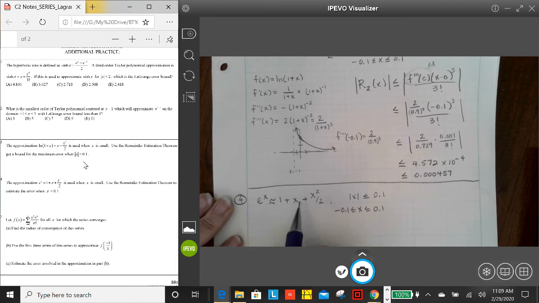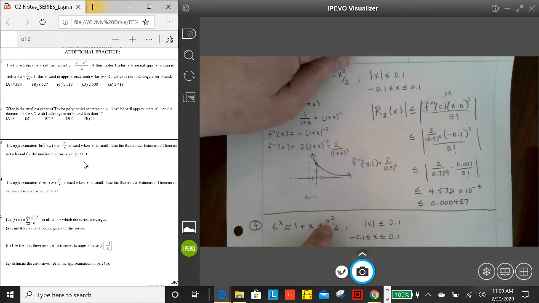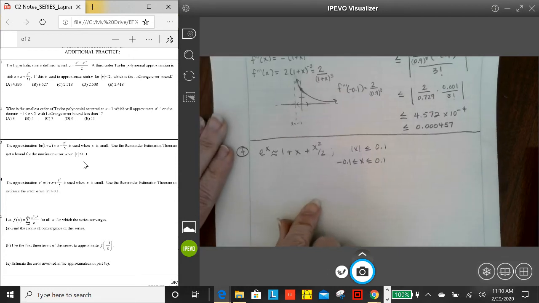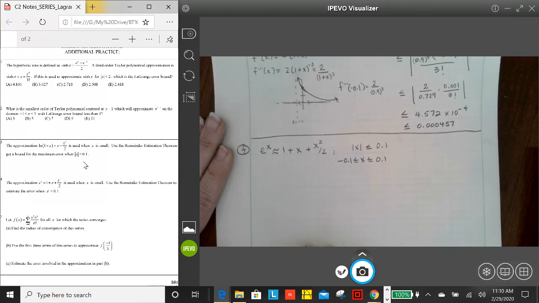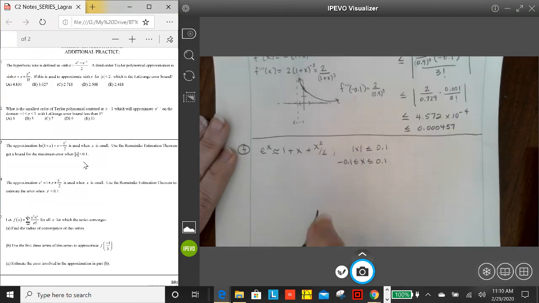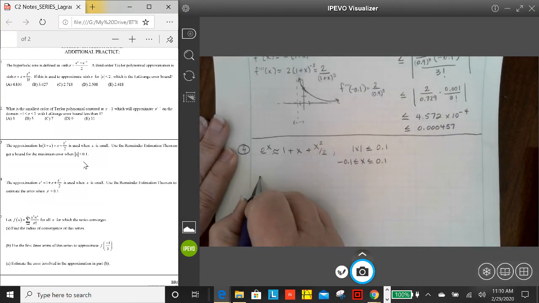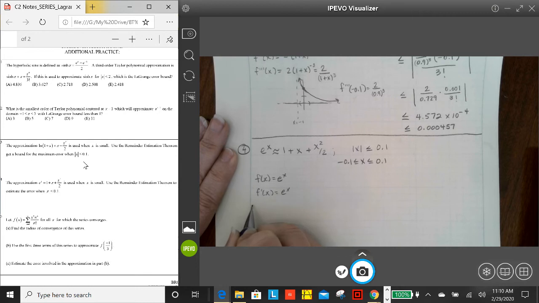So in this case, again, we're using a second degree Taylor polynomial to approximate a function. And I'm going to use the remainder estimation theorem or the Lagrange error bound. So I need the third degree. So we say f of x equals e to the x, f prime of x equals e to the x, f double prime of x equals e to the x, and f triple prime of x equals e to the x.